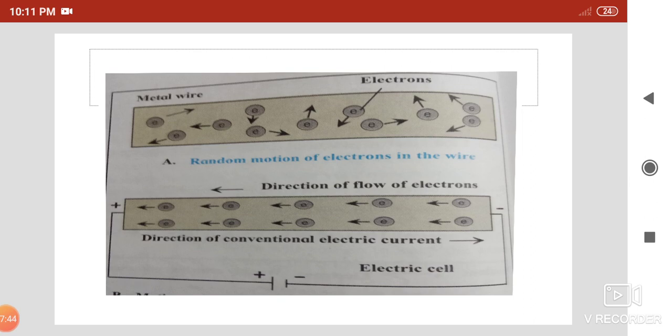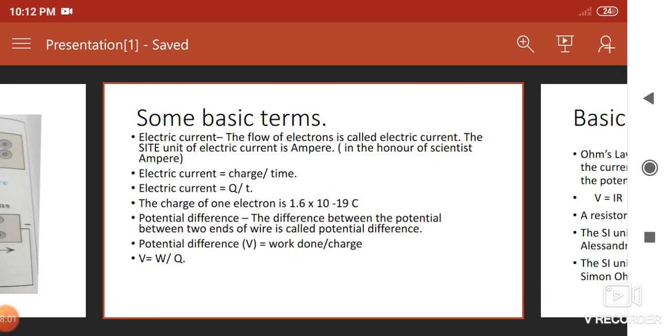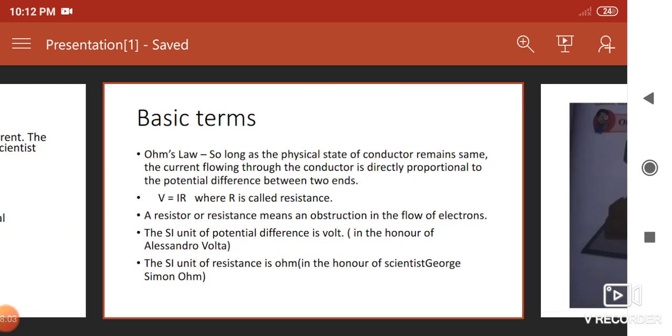When they collide, their flow gets obstructed by this collision. This obstruction caused by the collision of the electrons with each other and with the metal cations is called resistance. Its SI unit is ohm.